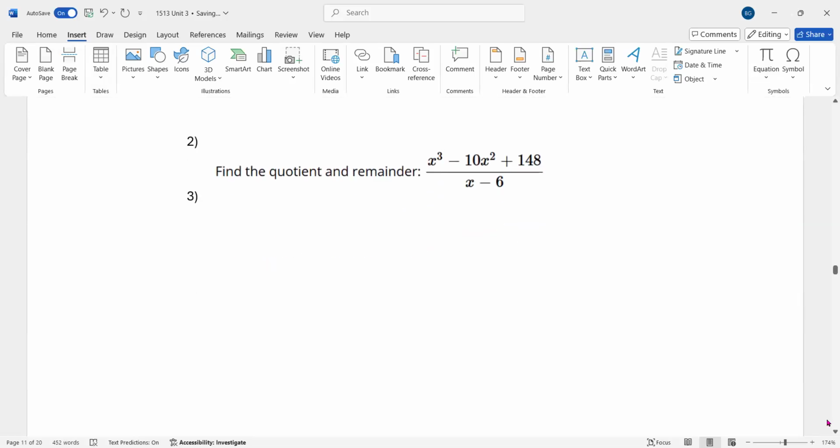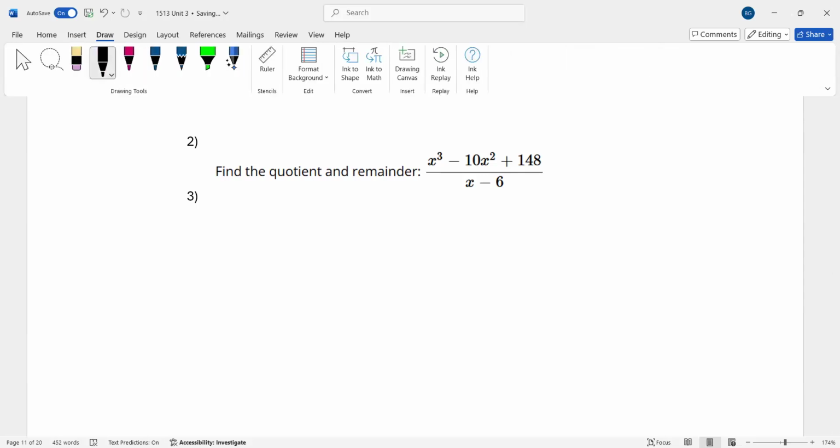Okay, so the dividend is x cubed minus 10x squared. It's missing degree 1, right? The dividend has degree 3.